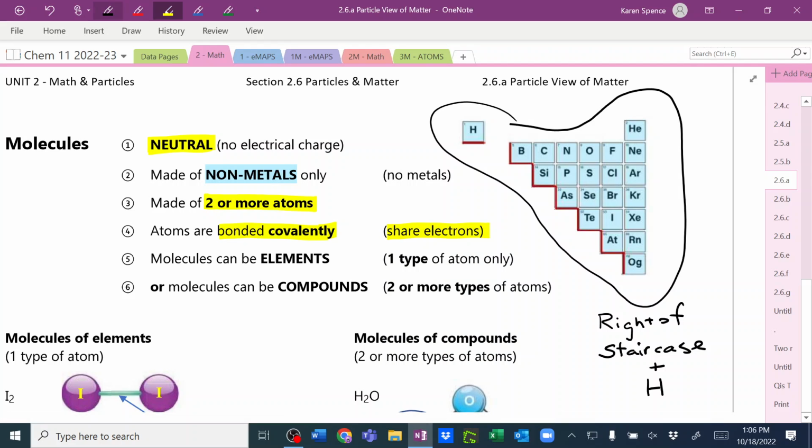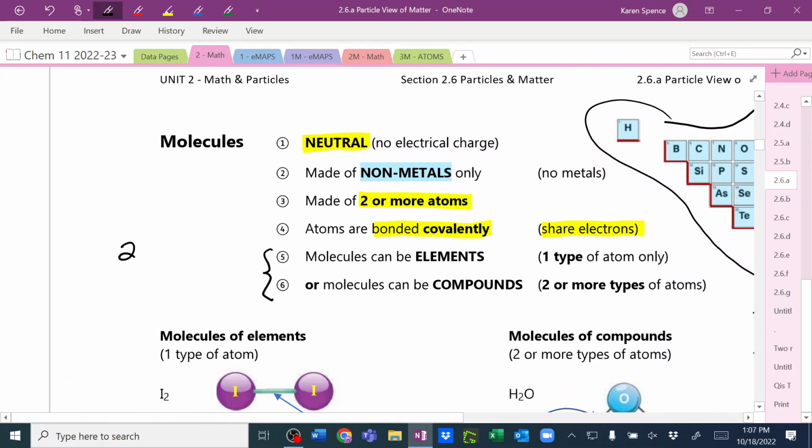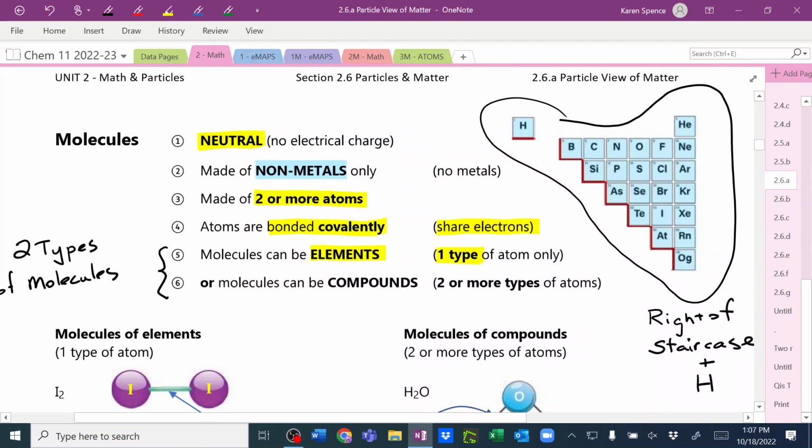Now there's 2 types of molecules. You can have molecules that are elements where you have only one type of atom. That would be like, for example, O2.